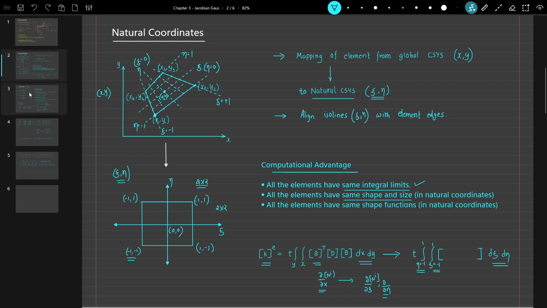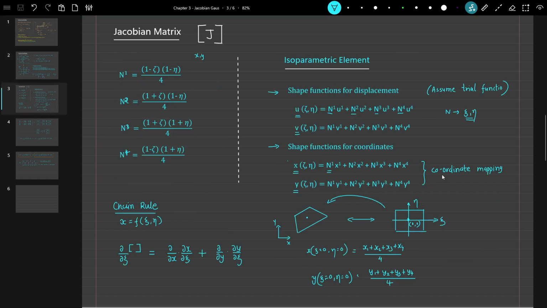So we already have got the relation, right? That is the coordinate mapping, the relation of xy with zeta eta. So we will use the chain rule and find the relation of derivatives with respect to xy to derivatives with respect to zeta eta. So we'll use the chain rule.